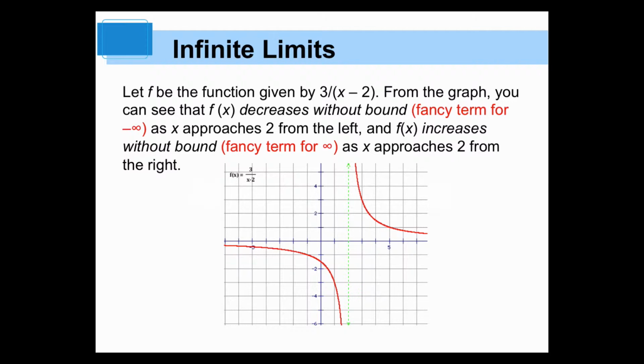No, it will generate a hole. Okay, it could generate a hole. So how do we distinguish between a hole and an asymptote? You can factor it out. Yeah. If it factors out and cancels, we have a hole. That's not what we're dealing with here. We're dealing with asymptotes. So notice in this function, 3 over x minus 2, there's no canceling there. So sure enough, we have an asymptote.